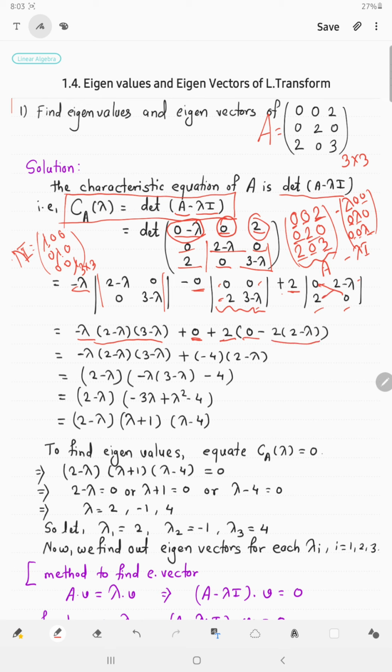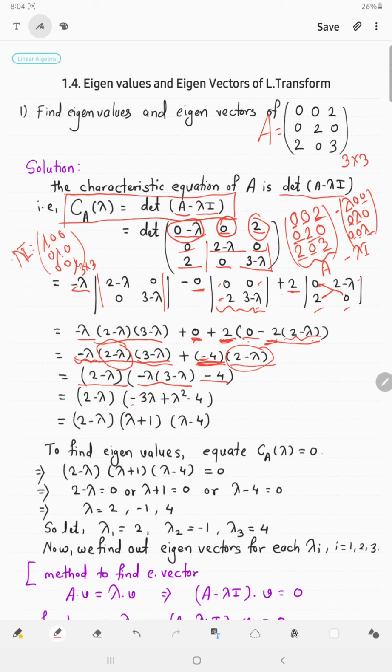Now 2 in bracket, 0 minus 2 into 2 minus lambda, so 2 and this minus 2 becomes minus 4, and this term 2 minus lambda is as it is. Now 2 minus lambda is common in both, so I will take 2 minus lambda common. My remaining in bracket is minus lambda into 3 minus lambda, and minus 4.